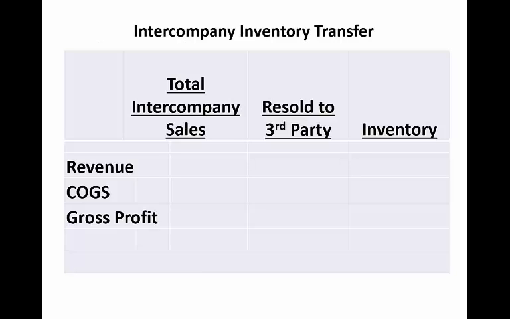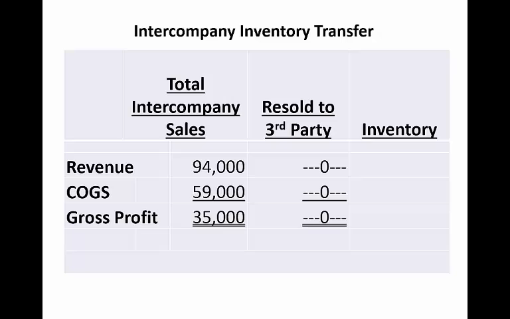So what we know from our inventory transfer worksheet is that the revenue for this transaction was 94, cost of goods sold was 59, and gross profit is 35. So we ask, is this correct? Can we recognize it in X1? And we know from the information that the parent has not sold any of the goods, so we must defer or postpone all of the gross profit from the transaction.